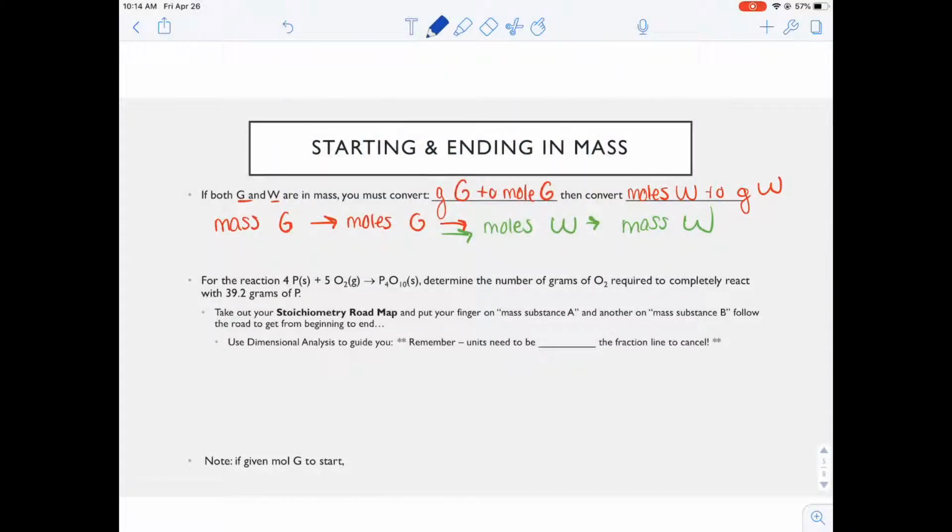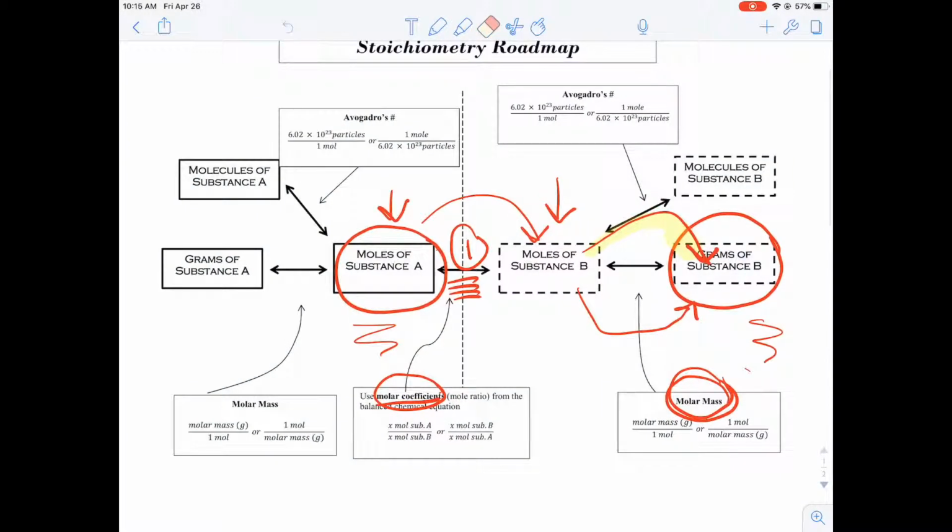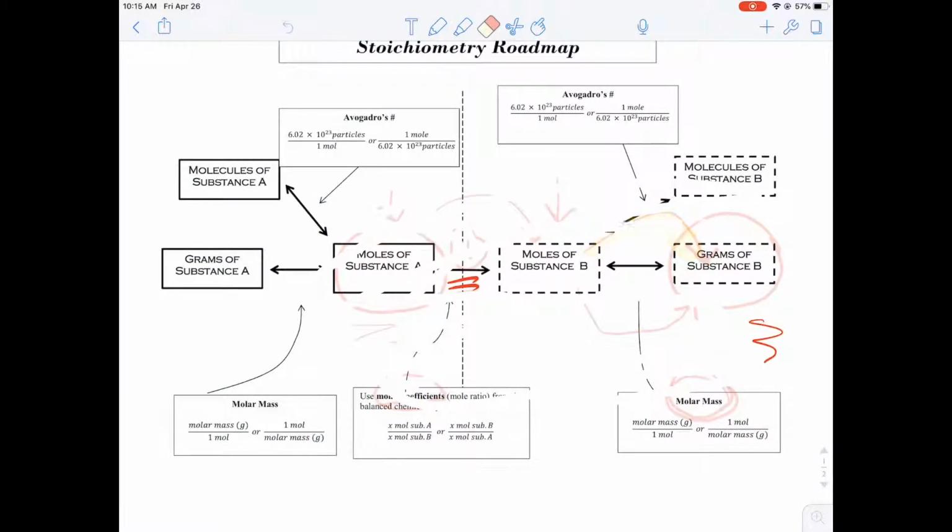So going from mass to moles, we use the molar mass of the given substance. From moles of one thing to moles of the other, we use a mole ratio. And from moles wanted to mass wanted, we'll use the molar mass of the wanted. All right, so let's look at our roadmap. Let me erase all this.